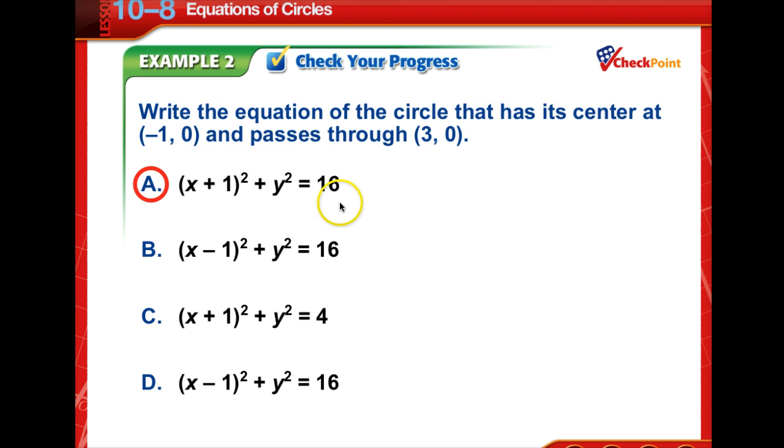So I end up with the square root of 16, and that will be 4. So 4 squared, your equation is going to have 16 here. Using this point, (x minus a negative 1) squared, (y minus 0) squared. So that just leaves you with the y squared here.